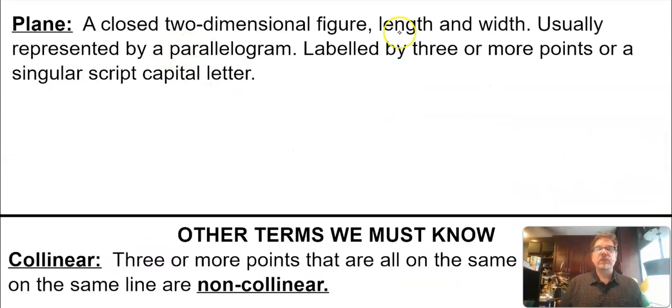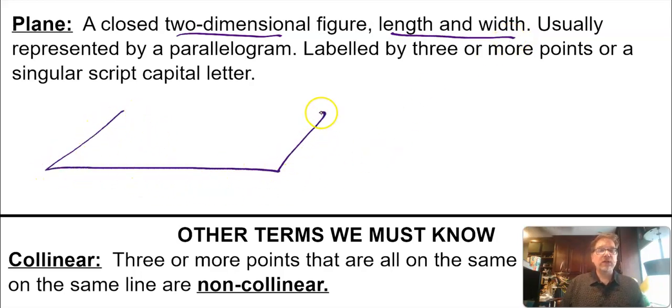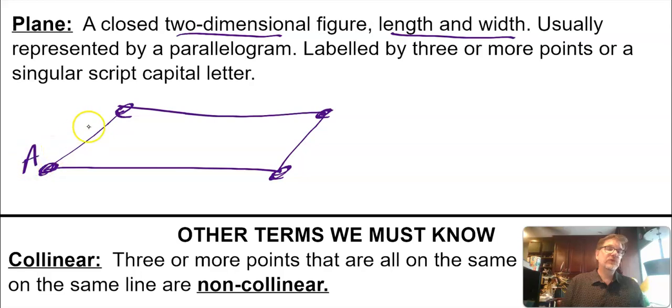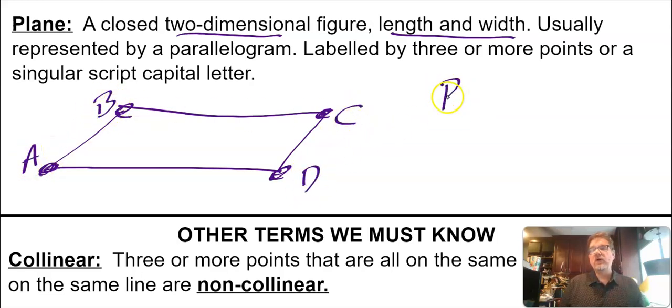Planes. A plane is any closed two-dimensional figure. 2 dimensions. Now it has length and width, no height. We usually draw it as a parallelogram. So like this would be a plane. If we label the corners, let's just call them A, B, C, D. I can name this plane with any combination of at least 3 of the points.